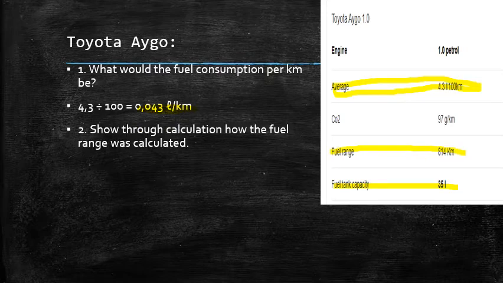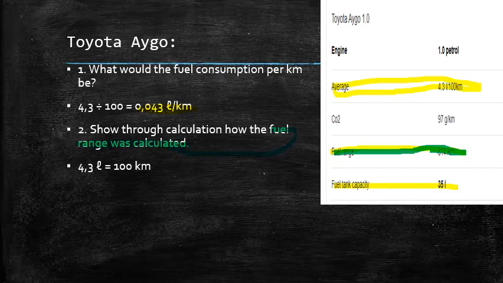The next question is a more intricate type question. Show through calculation how the fuel range was calculated. So fuel range is what we find over here. So now, if you remember when we first started with conversions, there was a lesson on using the magic method. So the information given to us was 4,3 liters is 100 kilometers. Now we need to know how they actually got to 814 kilometers.